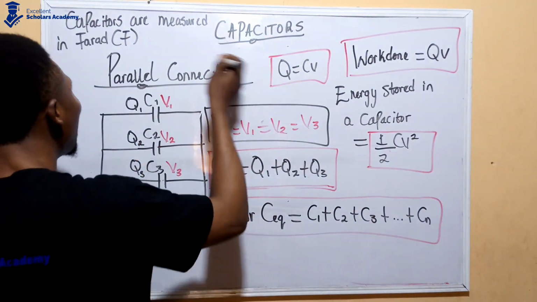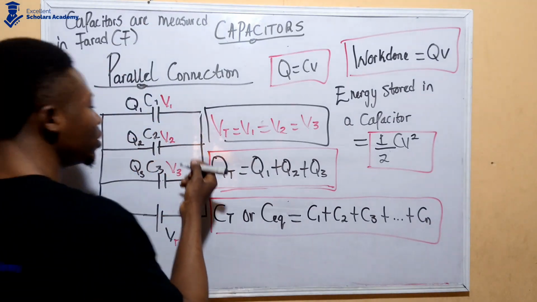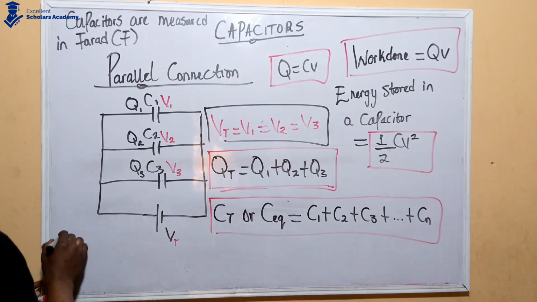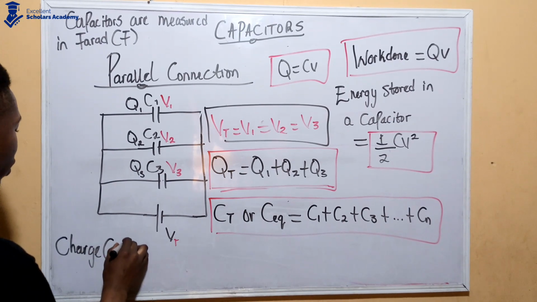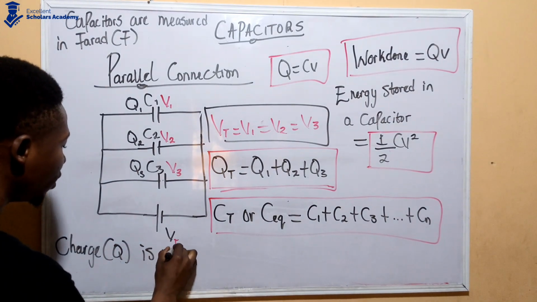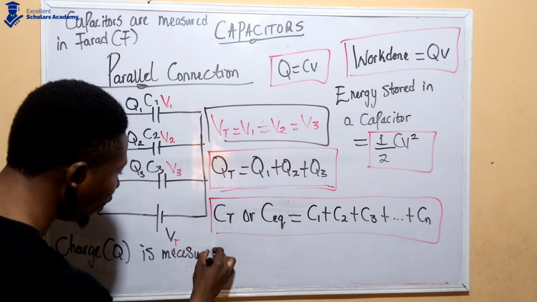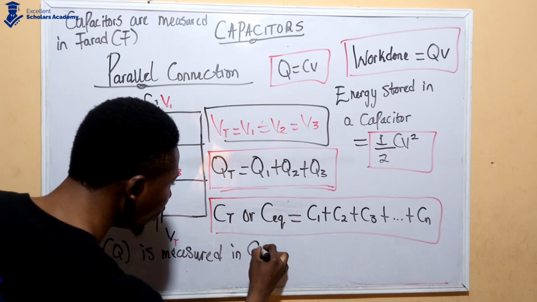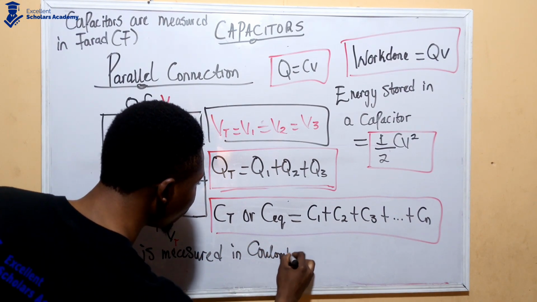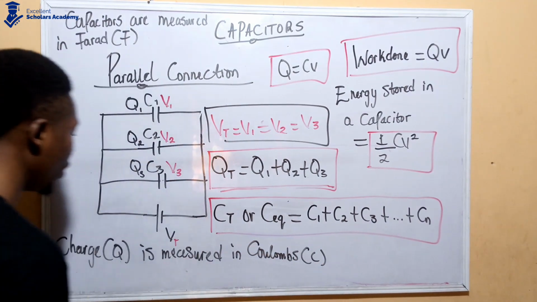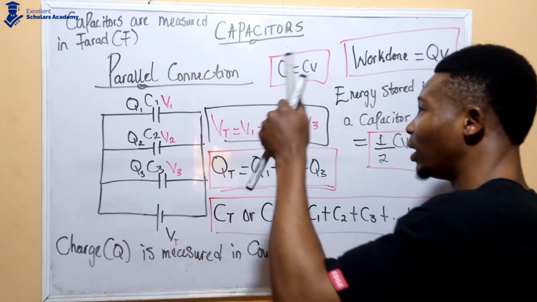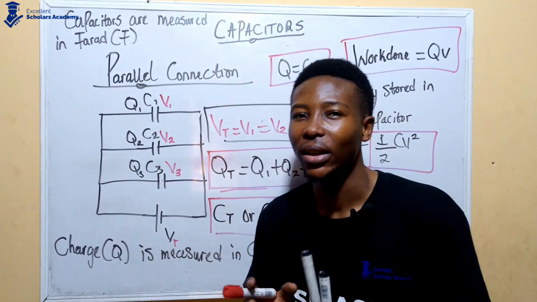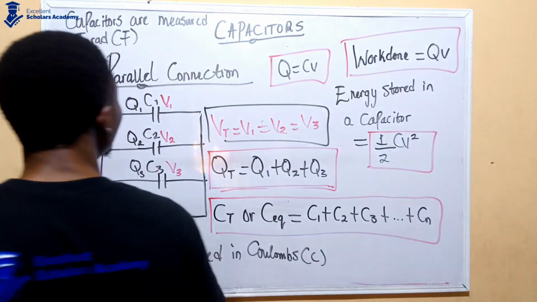Now charge is measured in coulombs. Right, let me write that here. Charge Q is measured in coulombs, abbreviated as C. Right, so charge is measured in coulombs and capacitance is measured in farad. These are key points you need to take note of.